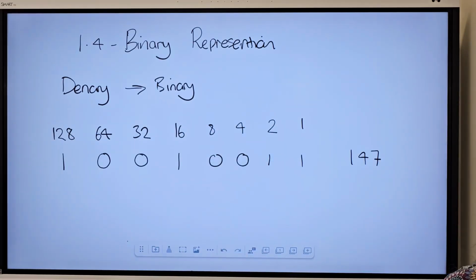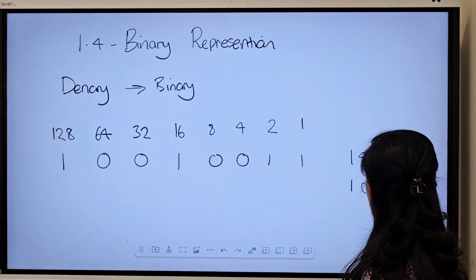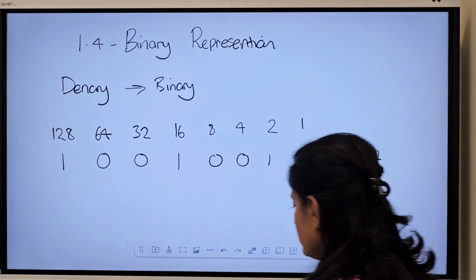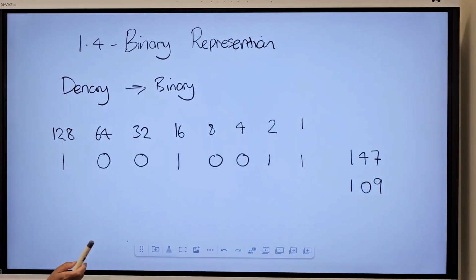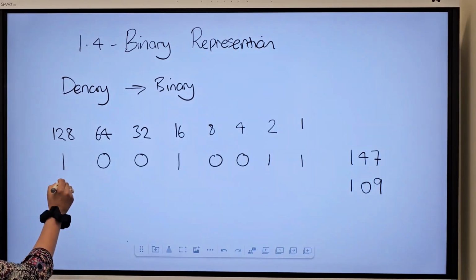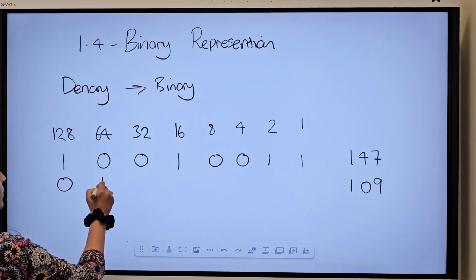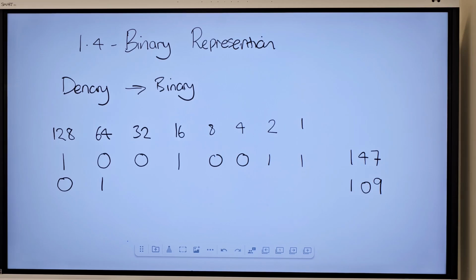Okay, let's take another example. So I'm going to take 109. Okay, so for 109, 128 is too big, so we put a 0. 64 goes into 109, we put a 1. So 64 plus 32, that gives us 96.